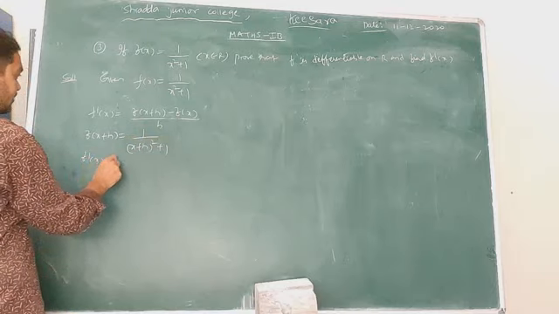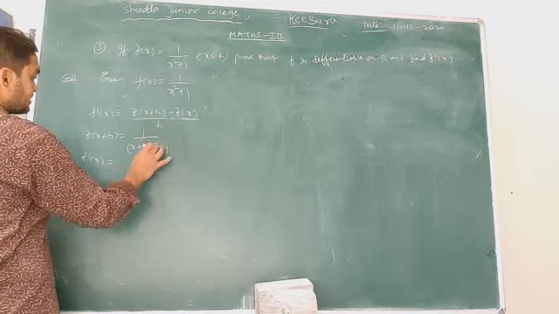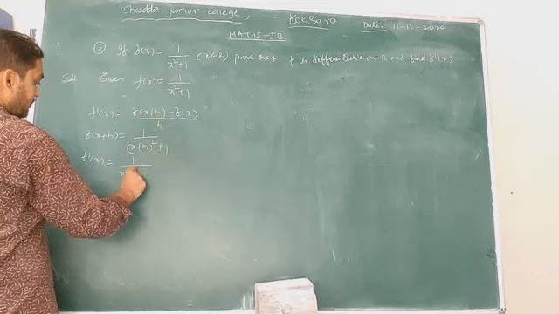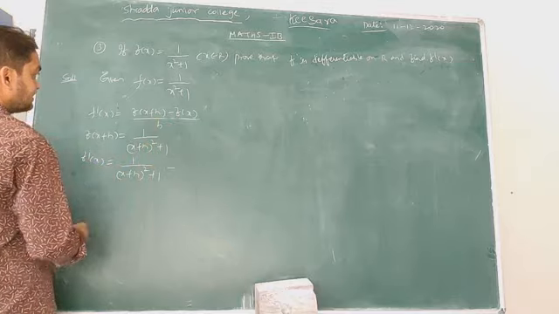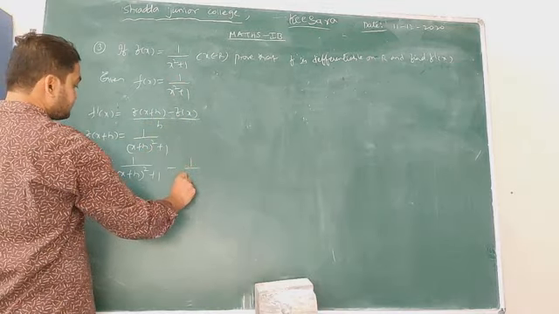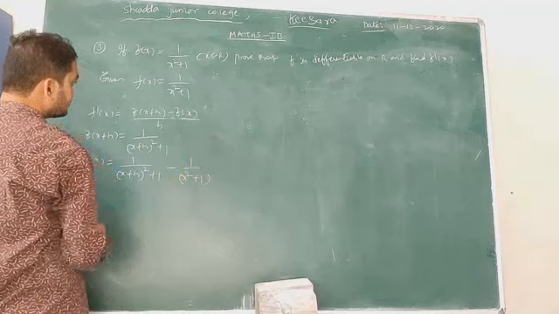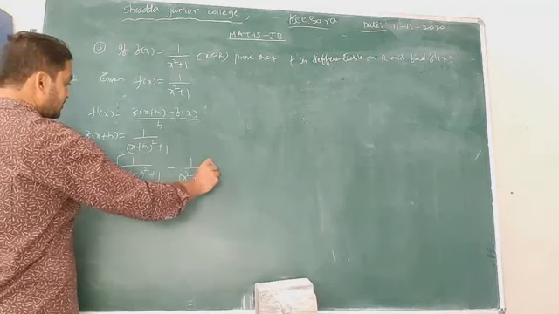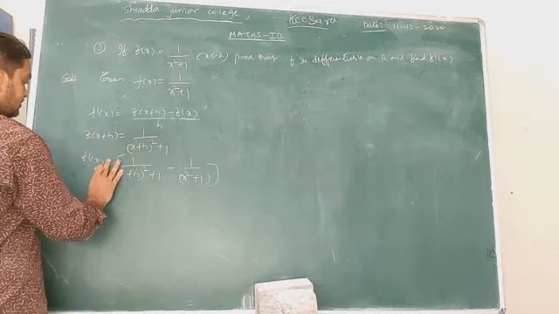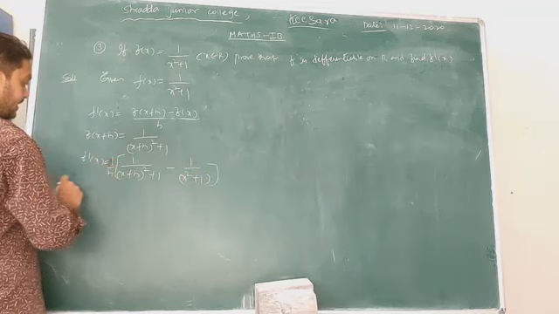Now here f dash of x equals, f of x plus h means 1 by x plus h whole square plus 1, minus, what is f of x here? 1 by x square plus 1, into h. This is 1 by h.